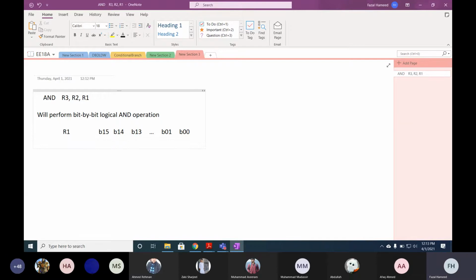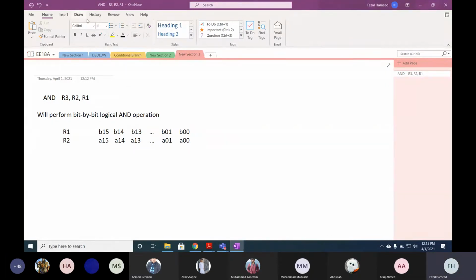Now let's assume we have another operand R2, whose contents are A15, A14, A13, and so on till A1, A0.